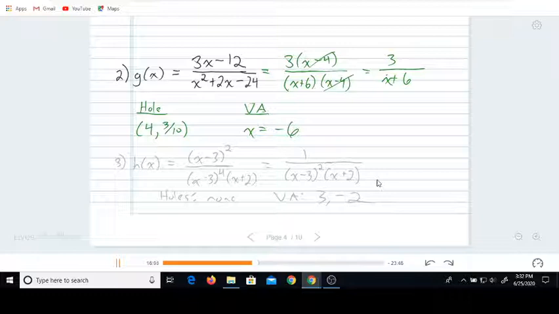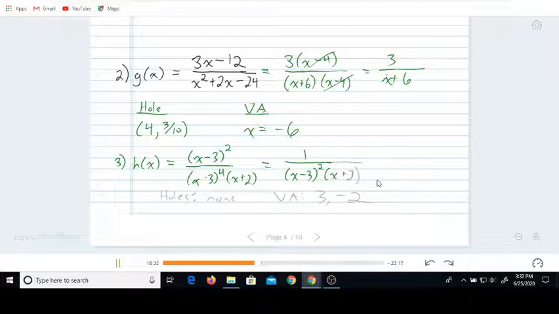And let me just go ahead and add one more example, just to demonstrate something. So if we reduce this, notice, using properties of exponents, that quantity x minus 3 squared, well, those will cancel until it leaves x minus 3 quantity squared in the denominator.